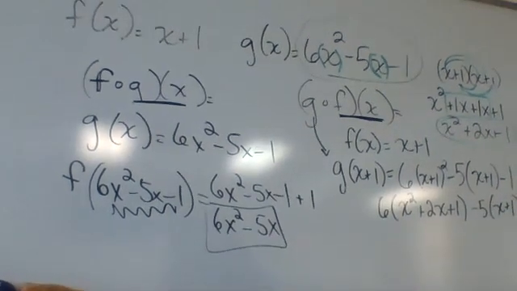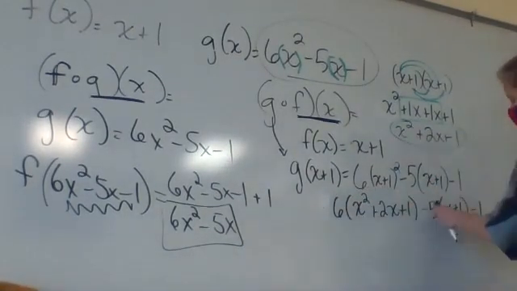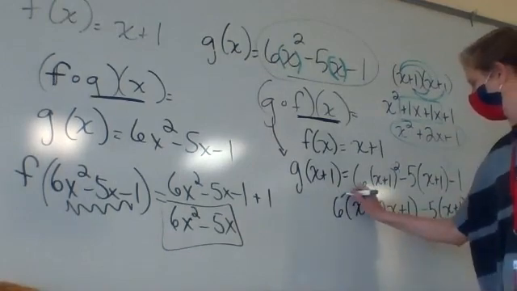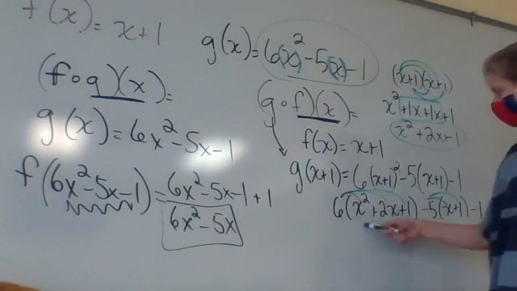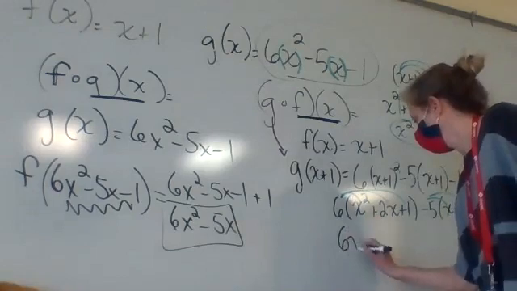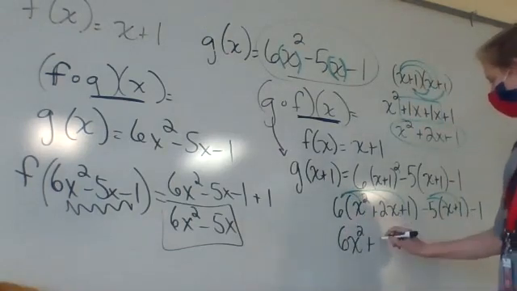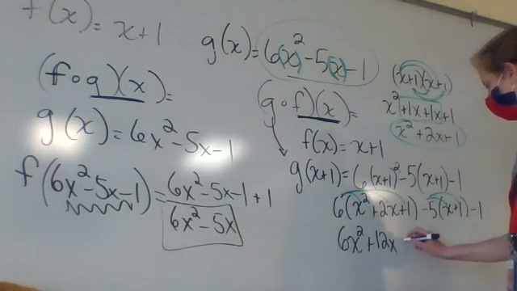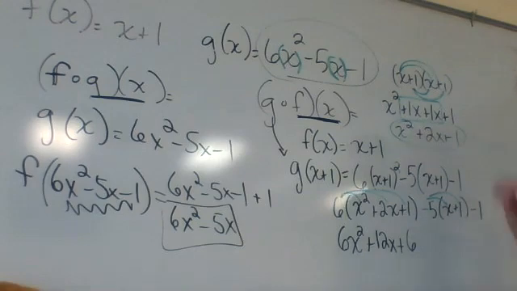Okay, now I'm going to distribute to get rid of these parentheses. I'm going to distribute the 6 here, and then the negative 5 there. When I multiply everything in here by 6, I get 6x squared plus 6 times 2x is 12x plus 6 times 1 is 6.